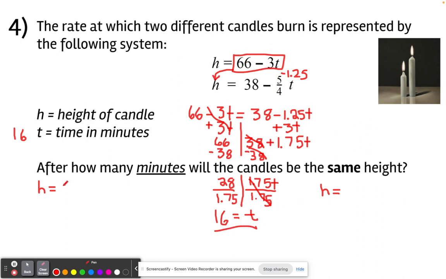The height of this one, 66 minus 3 times my time, and my time is 16 minutes. So my height will equal 66 minus 48, 16 times 3.